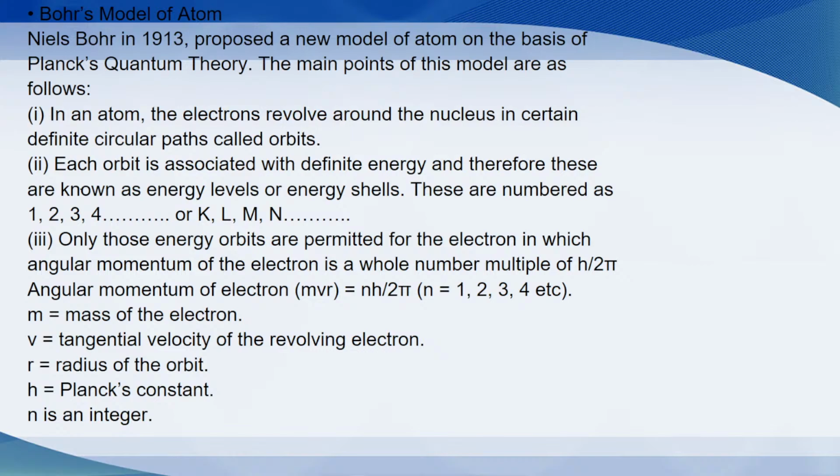So in order to overcome the limitations of that Rutherford atomic model, Niels Bohr in 1913 proposed a new model of the atom on the basis of Planck's quantum theory. That model was primarily applicable to hydrogen atoms.